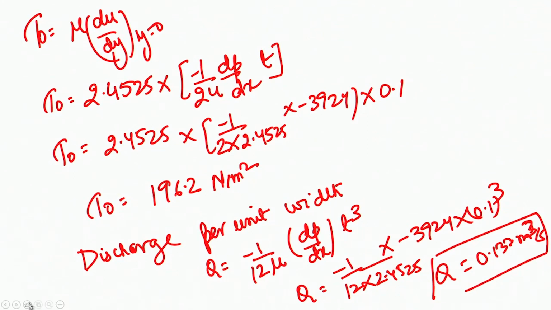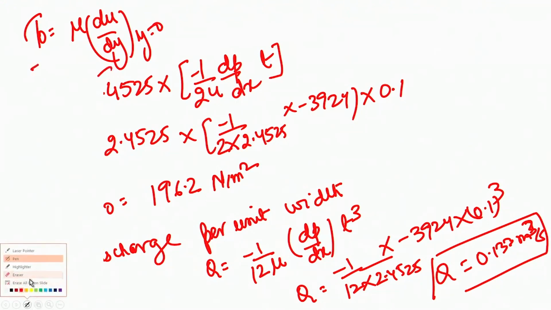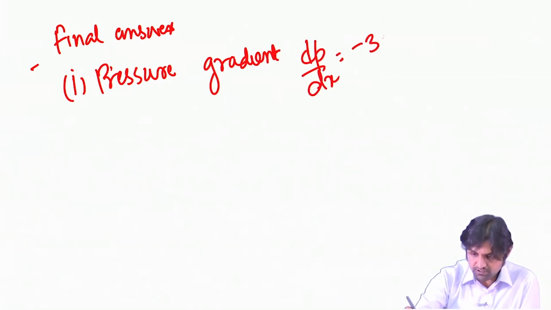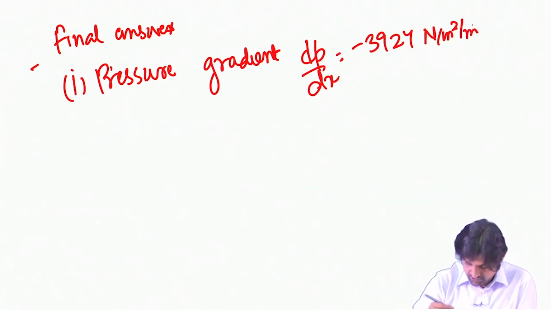All right. So I'll erase all the ink here. So the final answers: the first one is the pressure gradient that was required, dp dx came out to be minus 3924 Newton per meter square per meter.